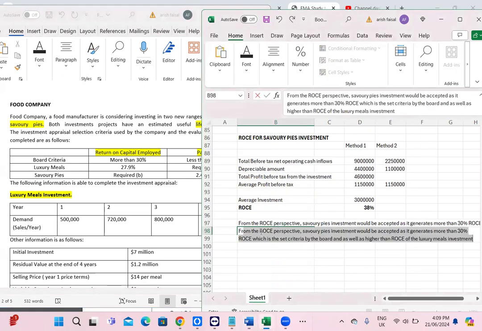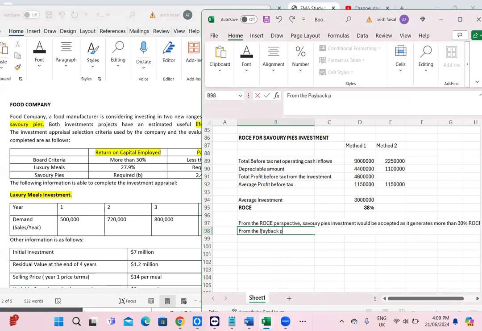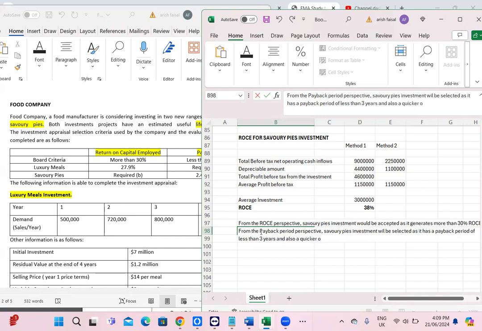Okay. So from the payback period perspective, the savory pies investment will be selected as it has a payback period of less than 3 years and also a quicker one in comparison to the luxury meals investment.